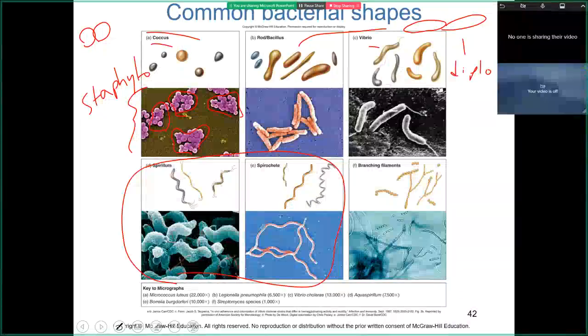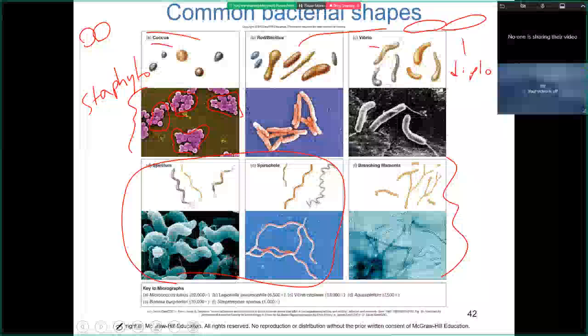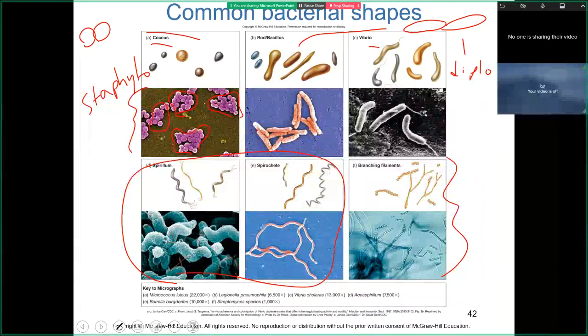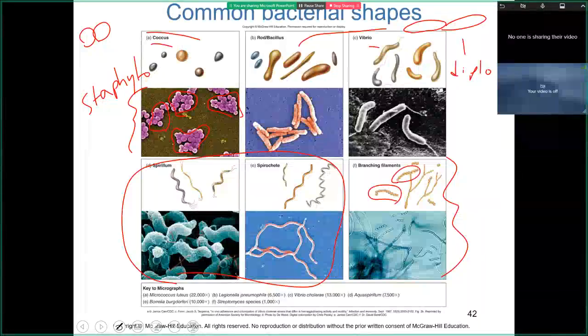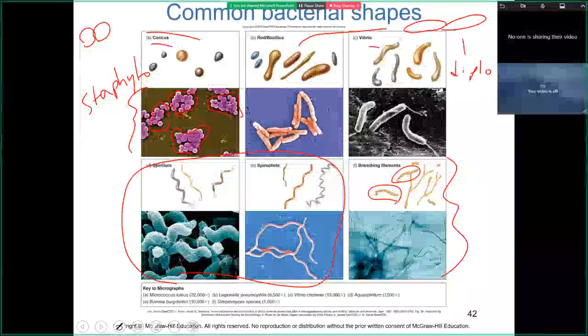And then you get these guys that are just all over the place, that are branching filaments. There's no fancy word for that. They're just elongated cells that branch and occasionally will give off little spore-shaped reproductive structures like this. So that's a potential form that they can take.